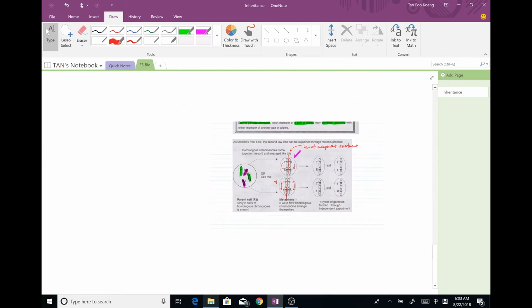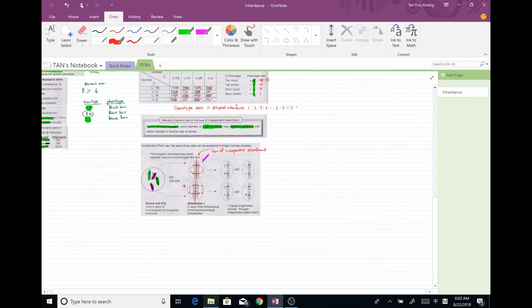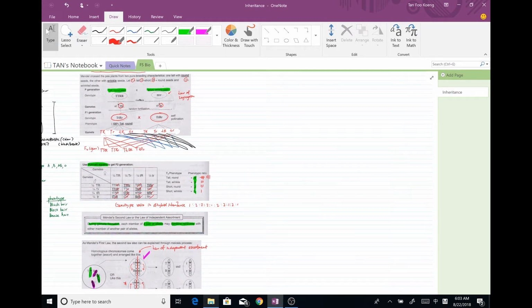Let me summarize quickly what we have done so far. In monohybrid inheritance, the phenotypic ratio would be 3:1: 3 dominant trait and 1 recessive trait.